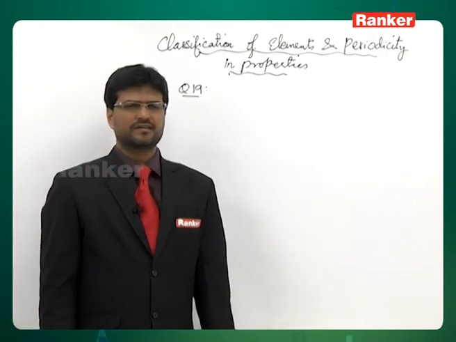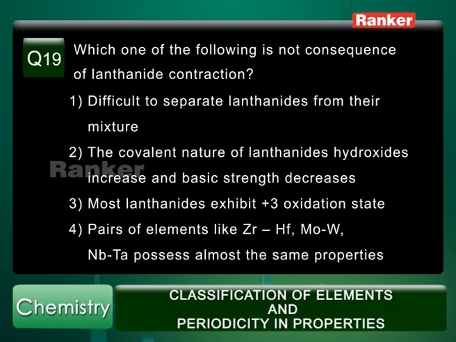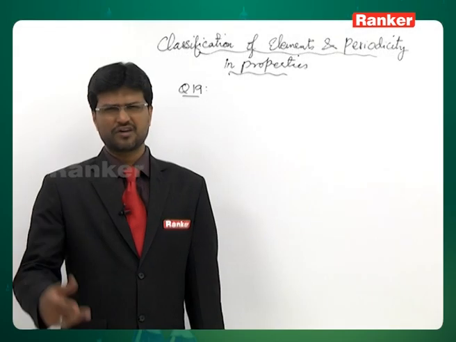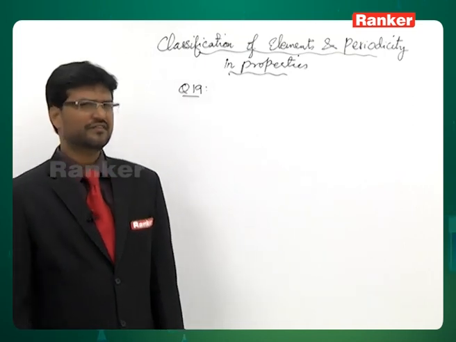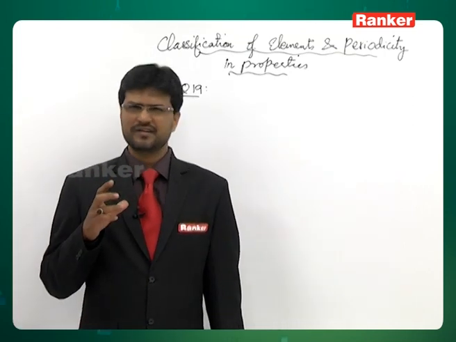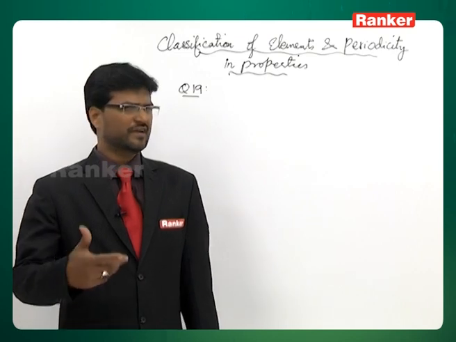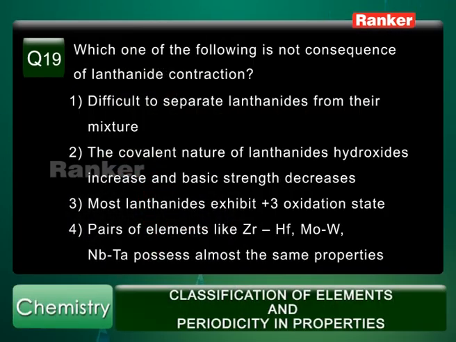Question number 19. Which of the following is not a consequence of lanthanide contraction? I will read out the options. Difficult to separate lanthanides from their mixture. This is a consequence of lanthanide contraction. It is very difficult to separate lanthanides from their mixtures because of similarities in their properties. The covalent nature of lanthanide hydroxides increases and basic strength decreases.